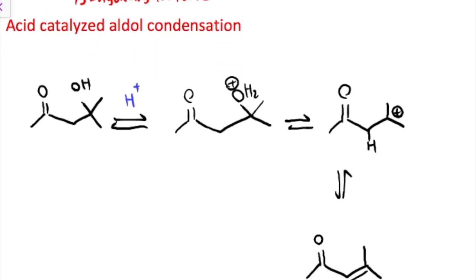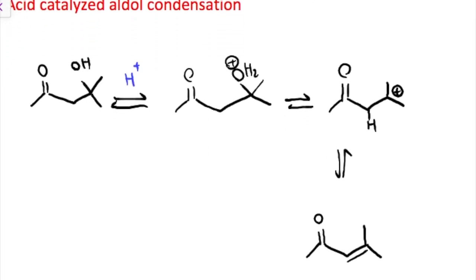Okay, so then the reaction usually continues to aldol condensation. Now we're under acidic conditions. The very first step that happens is that the OH becomes protonated, and this makes it a very good leaving group. It just leaves as water. We have water being generated, and this forms a positive charge right here.